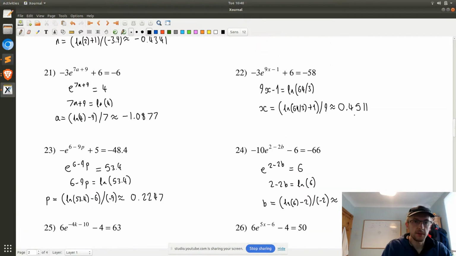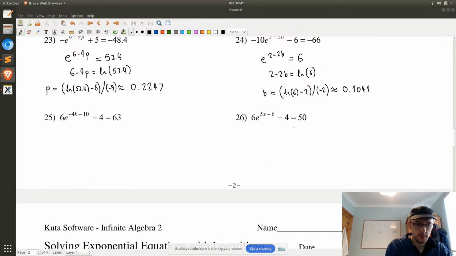Okay, checking the next 4 now. Seems all good. And next up, this one here. So add 4 to both sides, divide by 6. Ln on both sides.